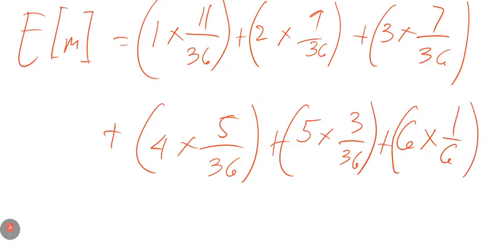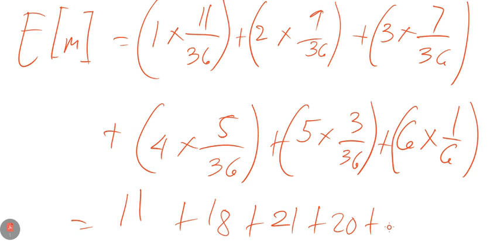Okay, now to simplify further for that one, that's going to be 1 times 11, that's going to be about 11, and plus, we have 2 times 9, that's going to be 18, plus 3 times 7, that's going to be about 21, and 4 times 5, that's going to be about 20, plus 5 times 3, that's going to be about 15, and plus 6.